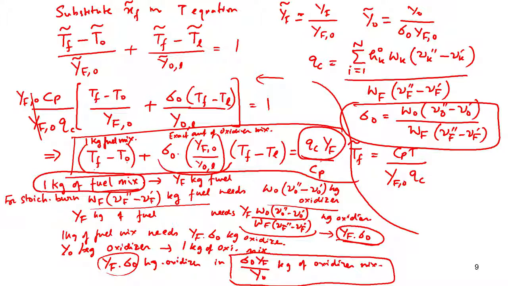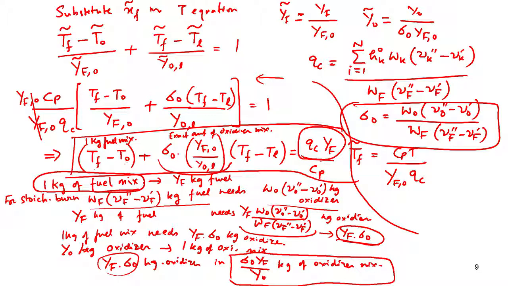So, then what is the flame temperature? It says that at the flame what is happening is stoichiometric burning, because at the flame your temperature is raised from T0 to Tf and from TL to Tf, and this amount of heat released is heating up 1 kg of fuel and inert mixture, okay, and the exact amount of oxidizer mixture which is required for stoichiometric burning.